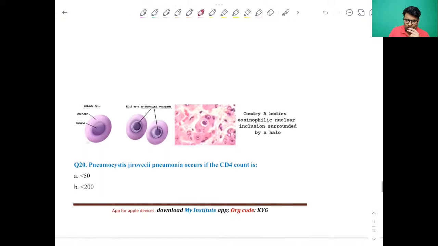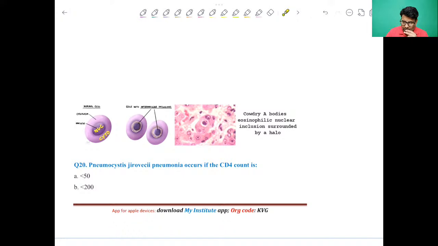And let us have a look at how inclusion bodies actually look. See, in the normal cell you can see the cytoplasm and you can see the nucleus. So this is the simplest arrangement of a typical cell. But what is noticed in inclusion bodies is a halo around the nucleus. So there is a white space around the nucleus, and this is what is known as the perinuclear inclusion body.